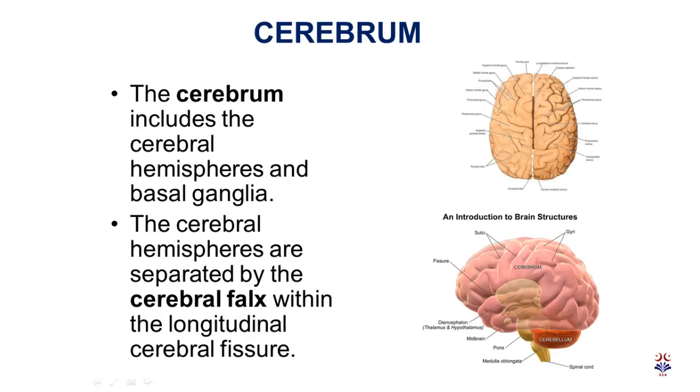Here we see that the 2 cerebral hemispheres are separated by the fold of dura mater. Here lies the fold of dura mater, that is called falx cerebri or cerebral falx. This is the longitudinal cerebral fissure in which this falx cerebri lodges. In this picture we can also see this is cerebrum.